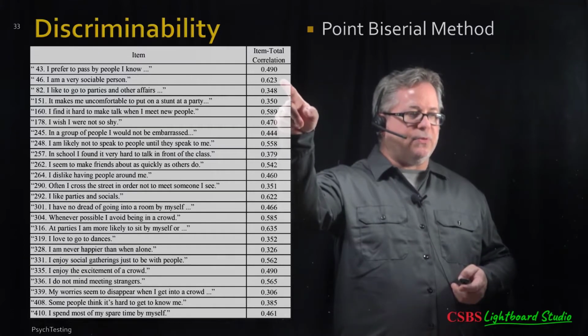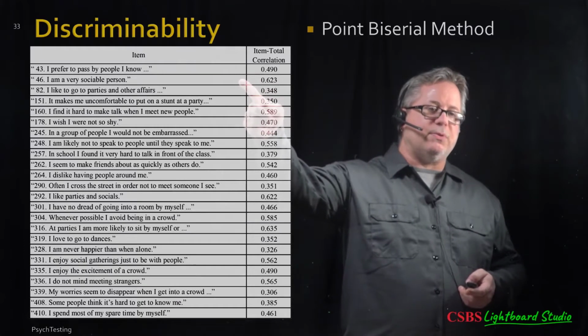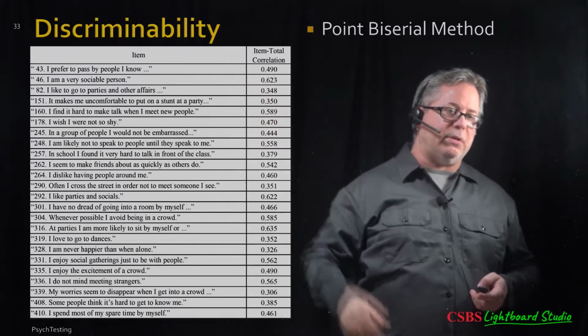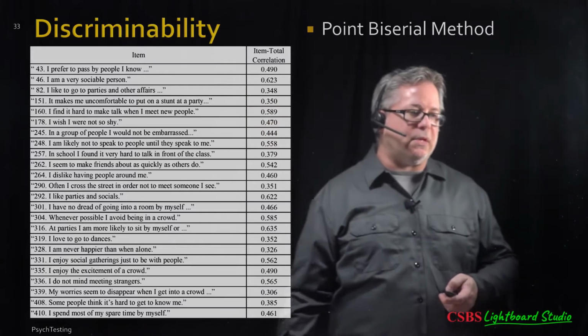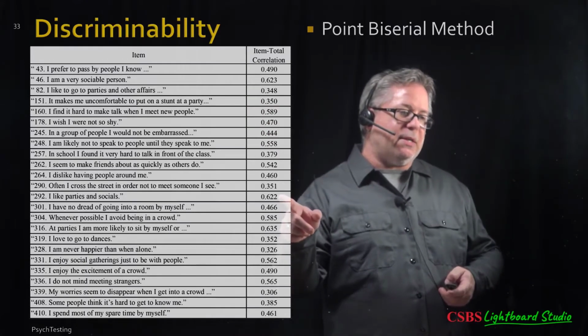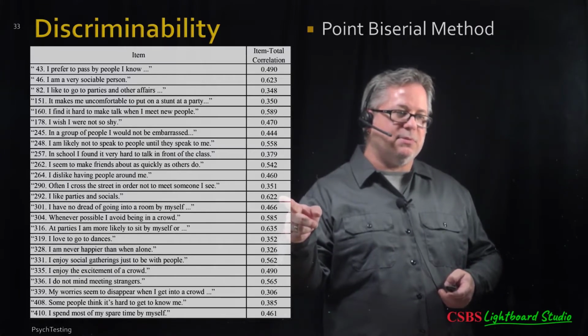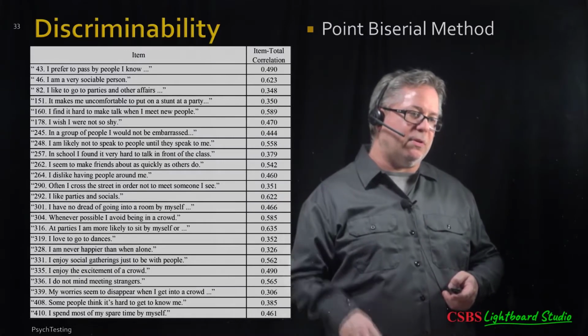This item is actually fairly discriminating too. If someone says no to this, they're likely in the extreme social anxiety group. If they say yes to it, they're likely not. So it tells us a lot about the items like this. If you're someone who has social anxiety, you're not going to say that you like parties and socials. So if you say no to this, you're likely in the extreme group. If you say yes, you're likely in the low group.